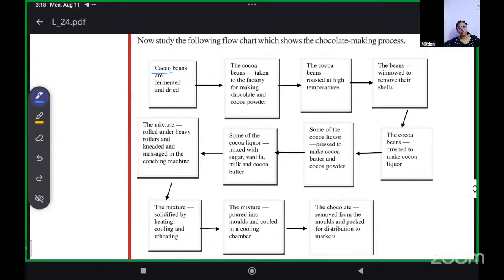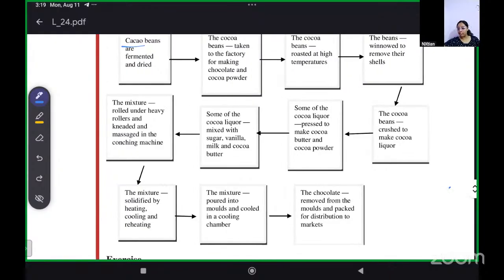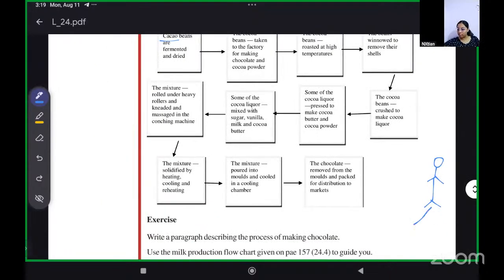So in winnowing, a farmer stands on a stool or something high, then holds the seeds and the husk both in a basket or in a tray, and then he shakes it.